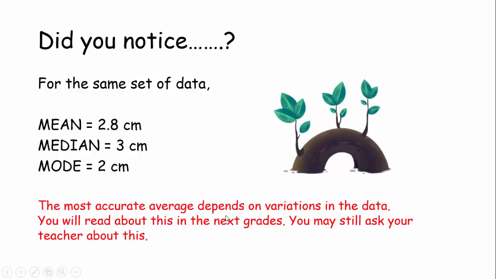But the most accurate average depends on variations in the data. You will be reading about this in the next grades, but you should probably still ask your teacher about this. But I'm sure you know how to find mean, median or mode for a set of data.